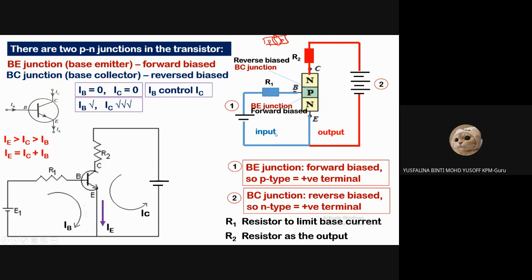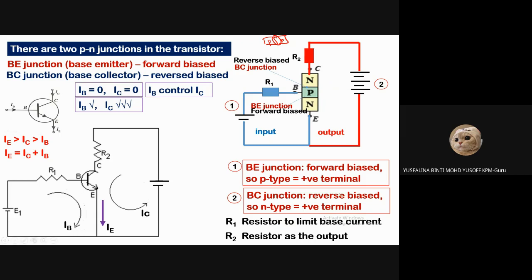So this is the input and this is the output, because the output is connected to the resistor here, and you already know R2 here is the output. You can just replace it with a bulb, or maybe a bell or siren, so it's up to you.